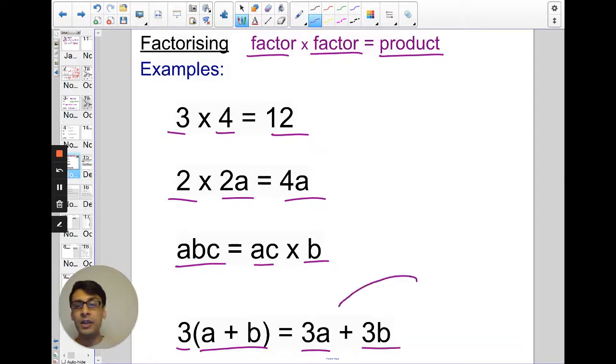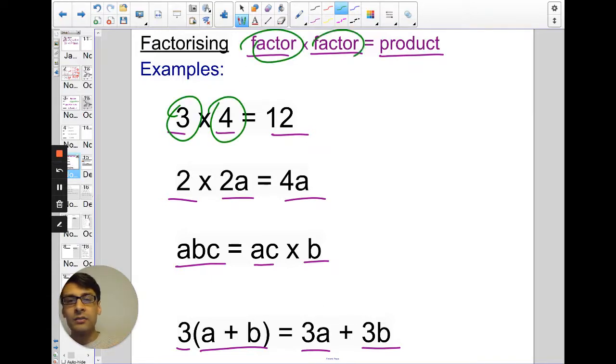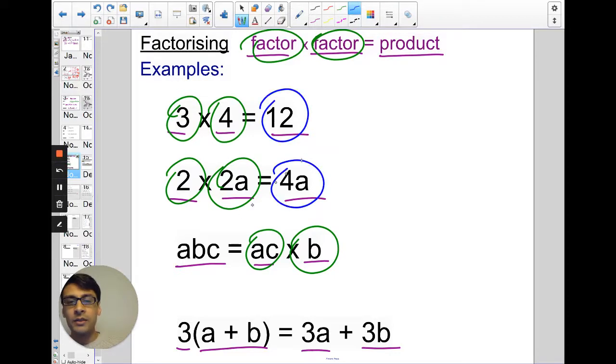Now you may notice this is basically the distributive law. What you should realize here is these are all factors of the product.